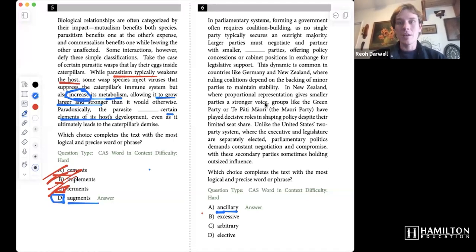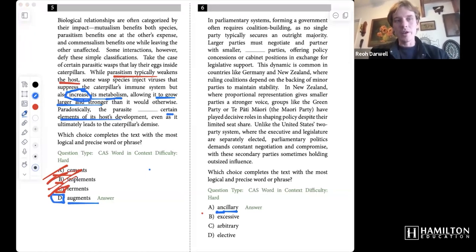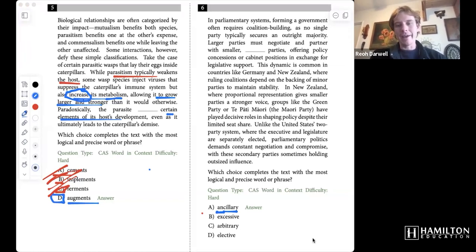What does ancillary mean? It means additional, supplementary. It's sort of on the side, and also sort of subordinate, but additional. So it's additional, smaller, and kind of beneath something else.